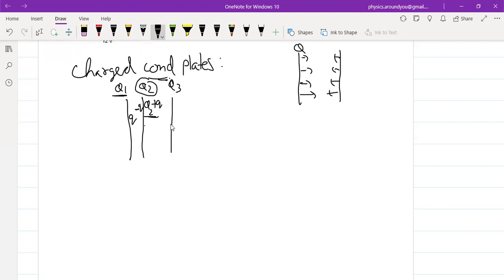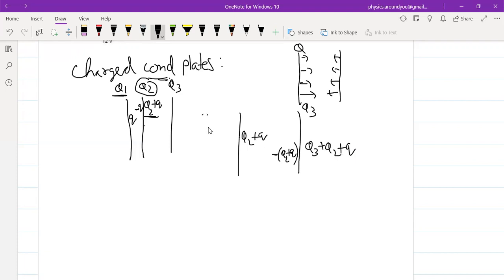Facing surfaces will always have equal and opposite charges. So it should be minus of Q2 plus Q. What should be the charge facing outside? Charge conservation, it should be Q3 plus Q2 plus Q.